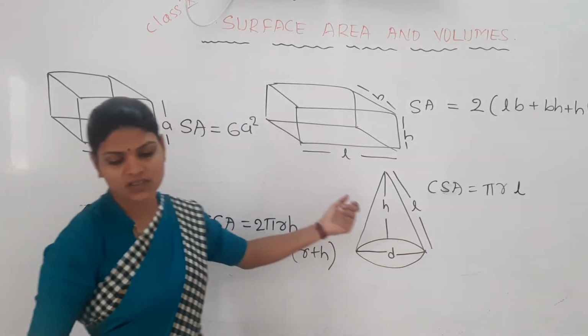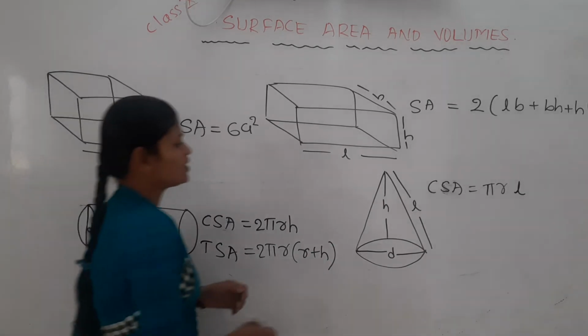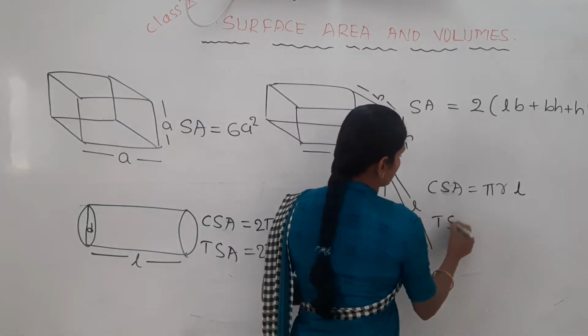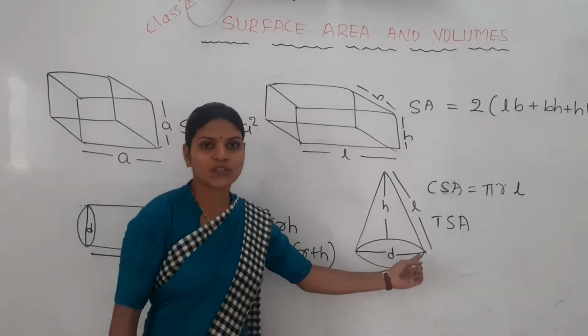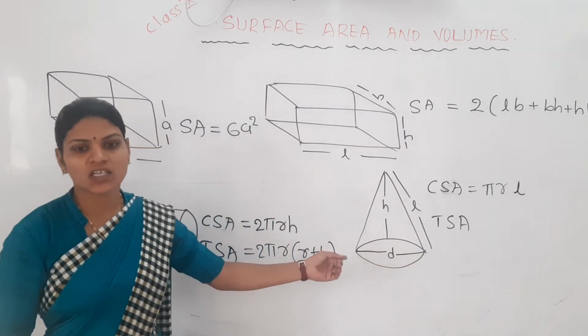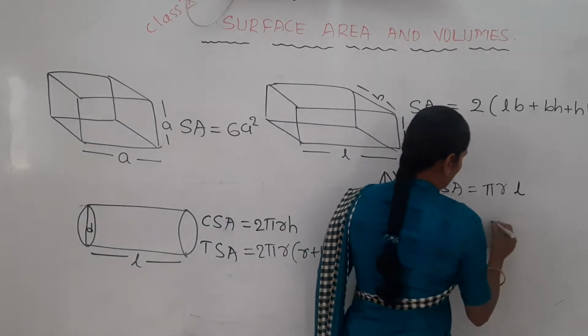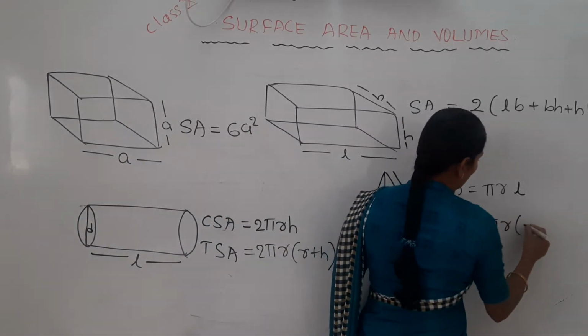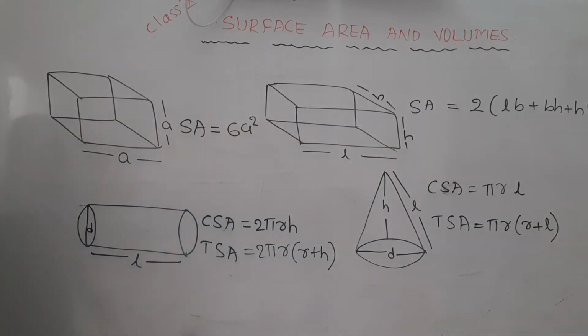The curved surface area of the cone is what? Pi r l. Then in the same way, total surface area means what here? Including the area of this opening circle. It is pi r into r plus l.